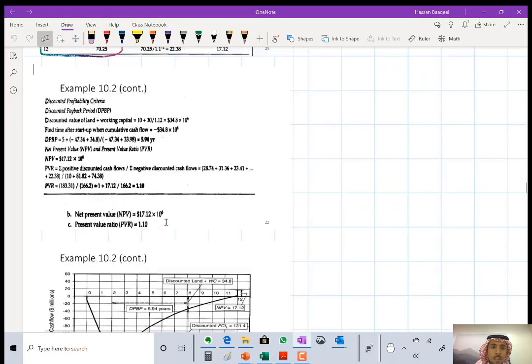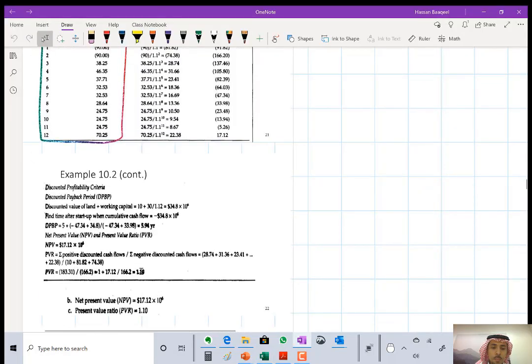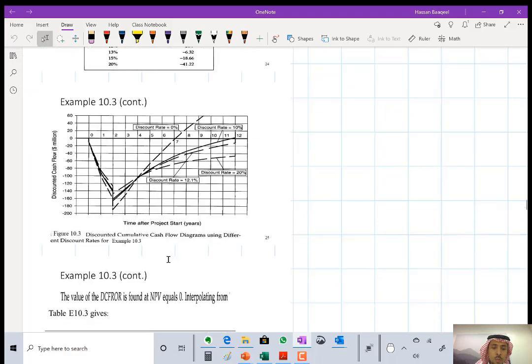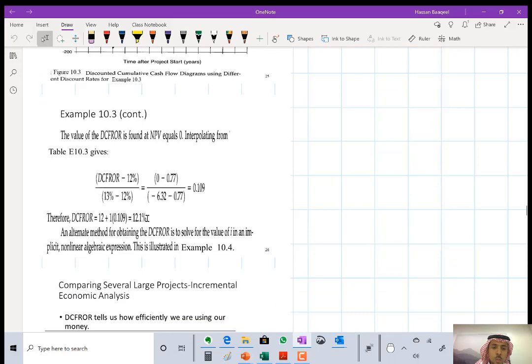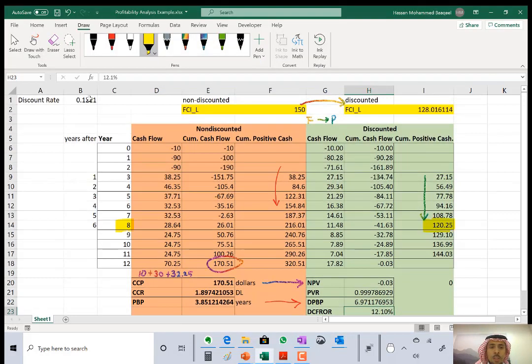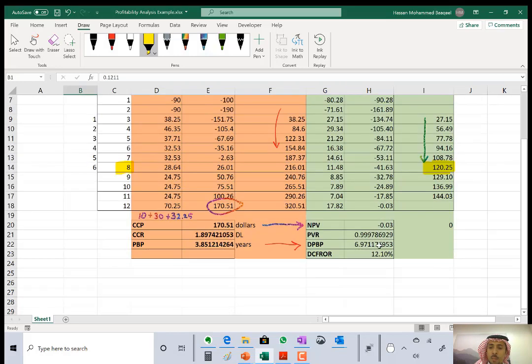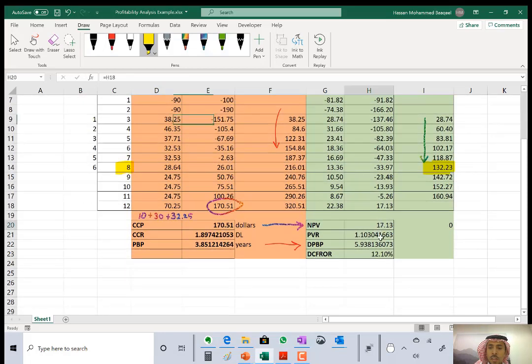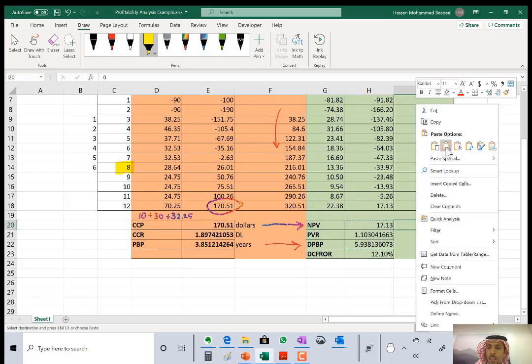Let's double check our answer, and the answer is correct. It's 12.1. Now you have to be careful when you use Excel, because when you change this number, all other numbers will change. You probably need to keep the 10% first, and then copy these values and paste them here as values.